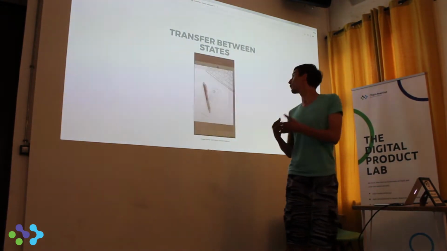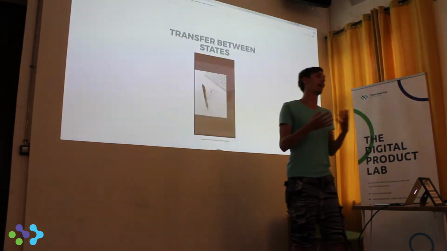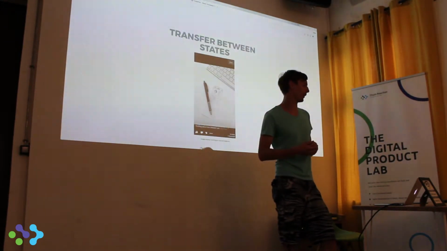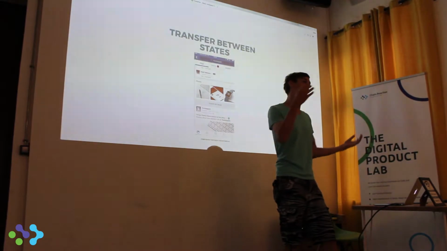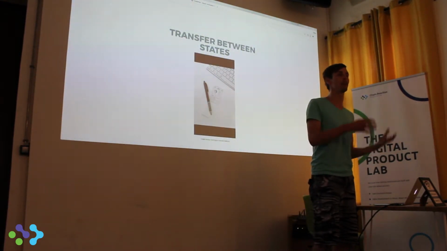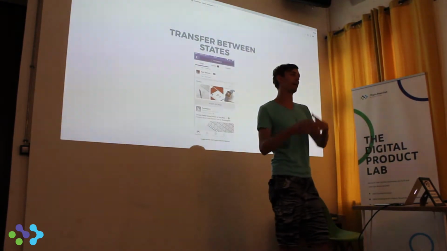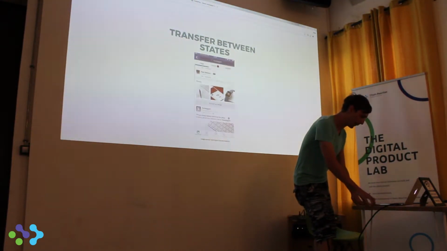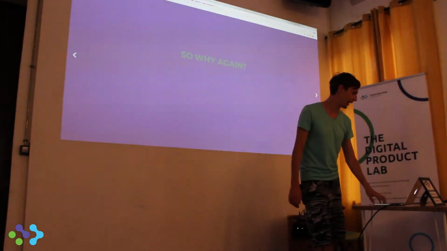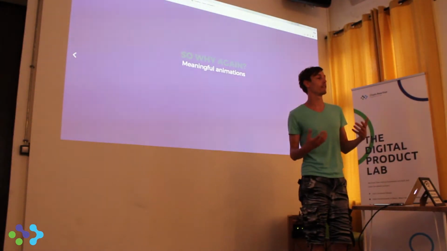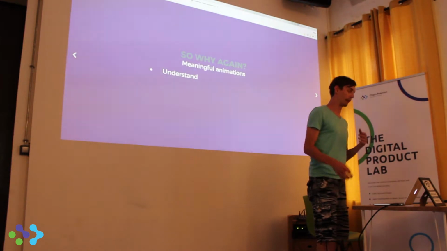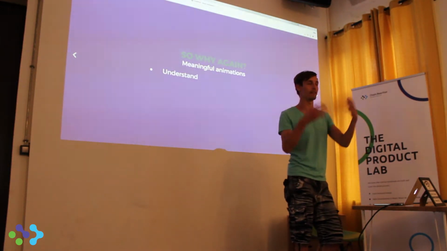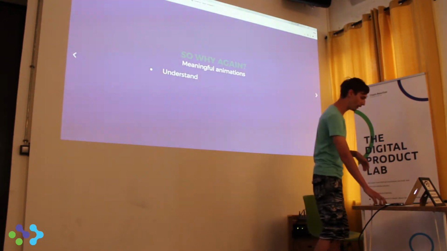Transitioning between states is a good use of animation, because we are able to tell the user what is really going on in the application and show them what is really happening. So why again? Meaningful animations are good because the user can understand what is happening in the overall application, or on the screen.